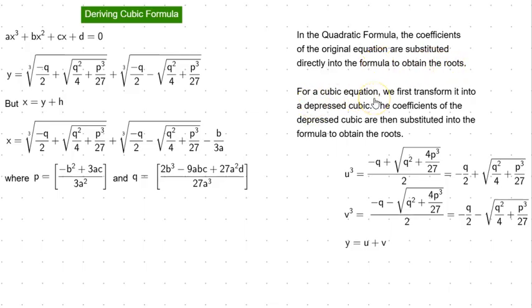But for a cubic equation, we first transform it into a depressed cubic by getting rid of the square term. The coefficients of the depressed cubic are then substituted into the formula to obtain the roots. That is why we usually tend to use other techniques for finding the roots of a cubic polynomial equation.